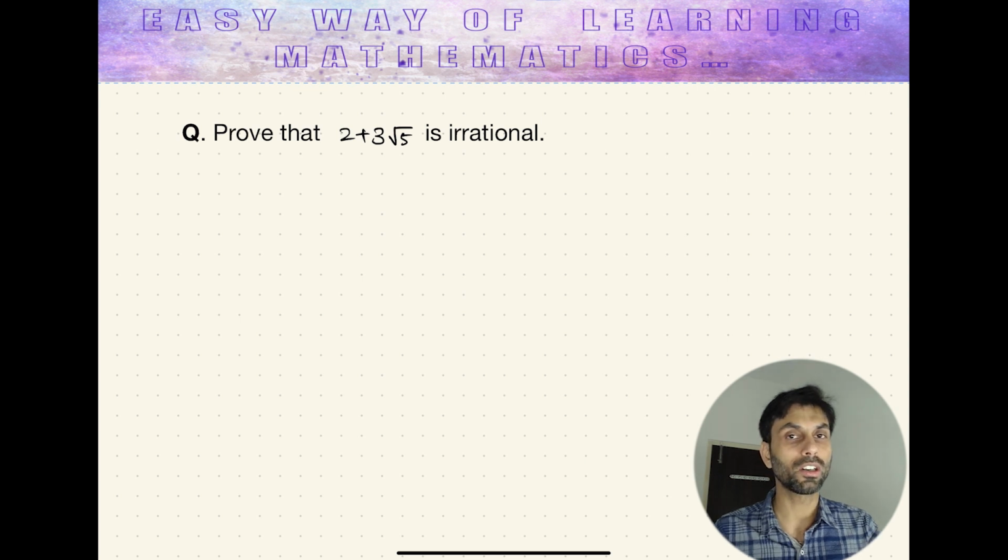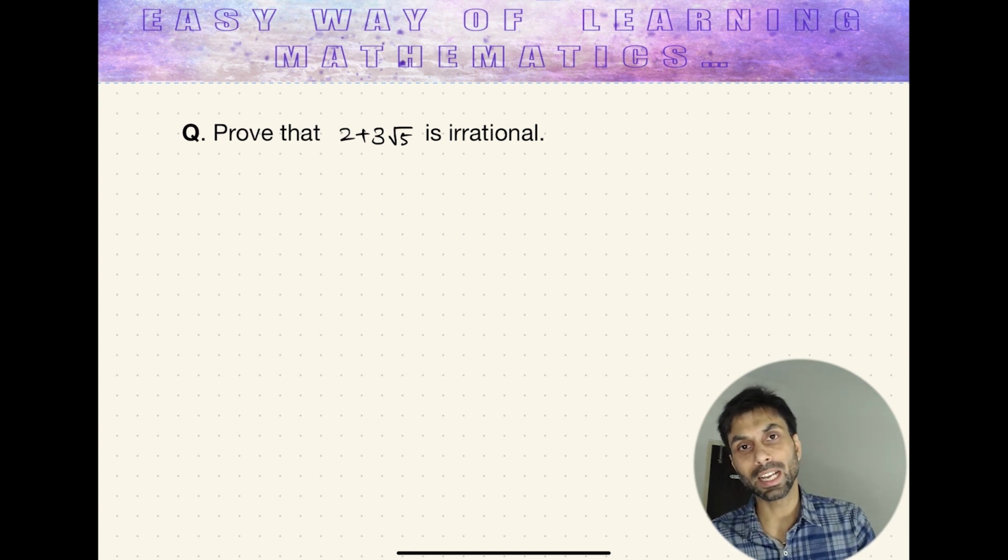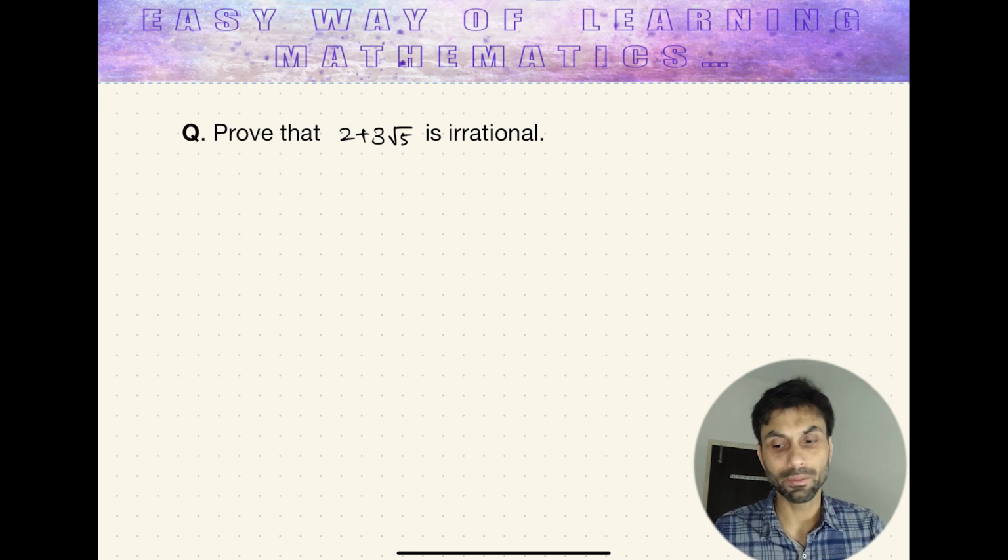So in that case you do not need to prove that root 5 is irrational. If they have not given that and it is for 3 or 4 marks, then it is advisable that you first prove root 5 is an irrational number, and then prove how 2 plus 3 root 5 is an irrational number.